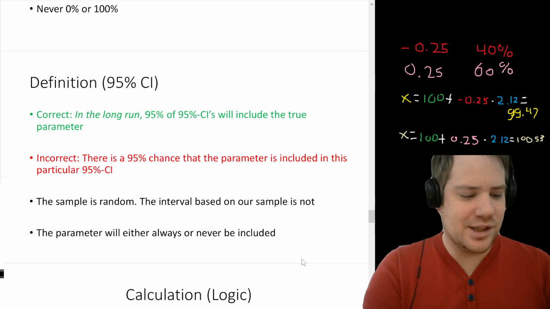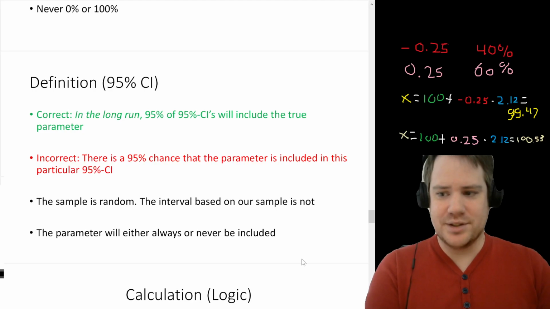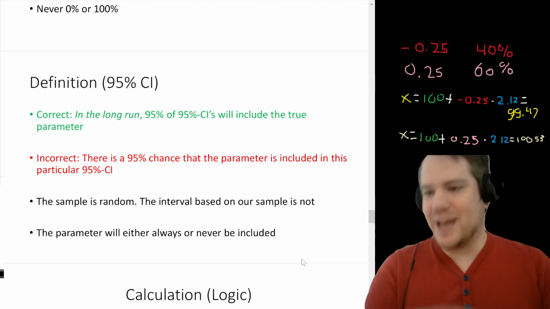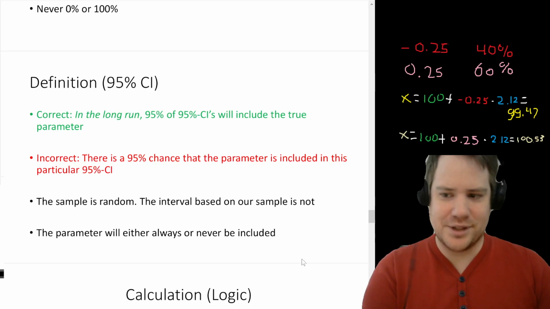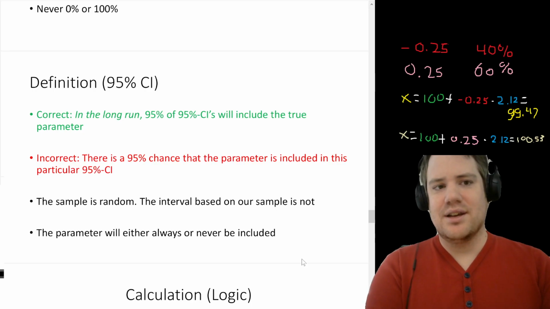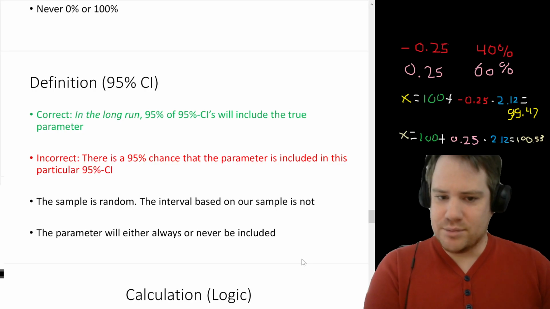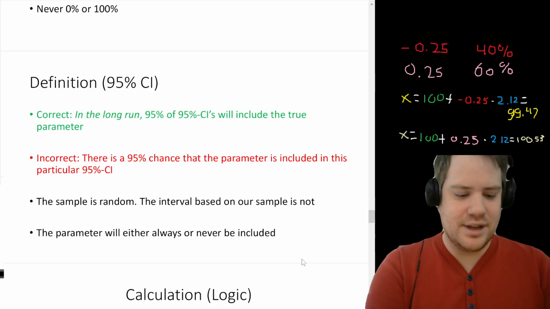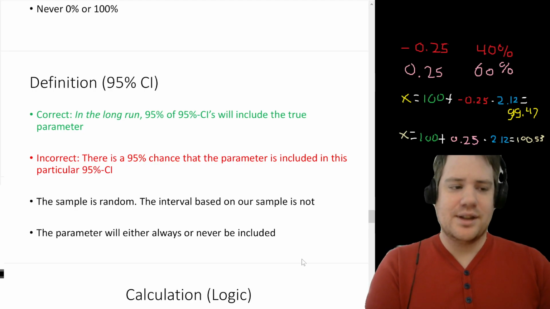If the sample mean is close enough to the population mean, it is included. If the sample mean happens to be one of those extreme samples where we find a lot of people who don't score like the rest of the population, then we will not include the true parameter. But it's either all of you will get it included or all of you will not include it.